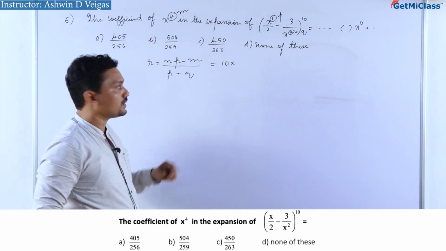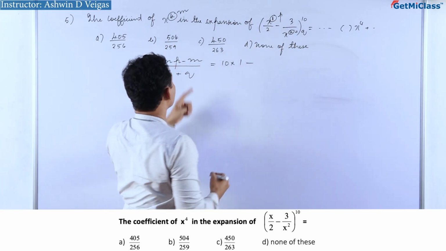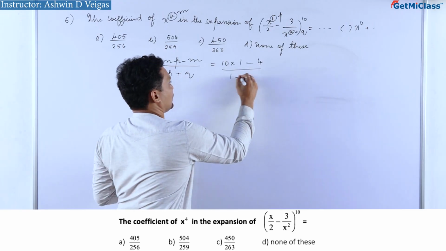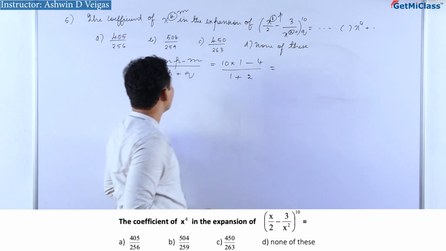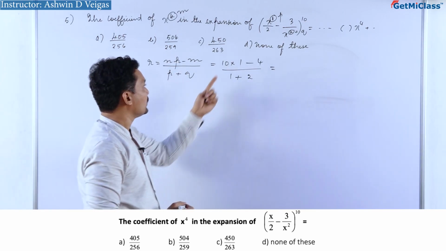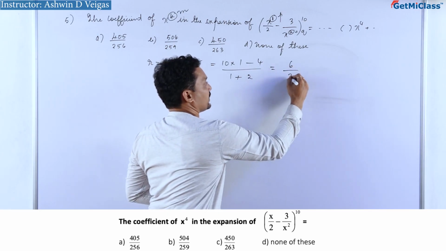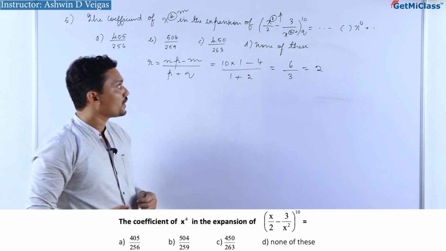Now, if you substitute here, p is 1, m is 4, and p plus q is 1 plus 2. So, this is 10 minus 4, that is 6, divided by 1 plus 2, that is 3. Therefore, we will get the value of r as 2.